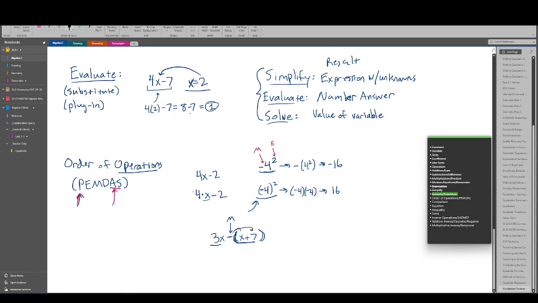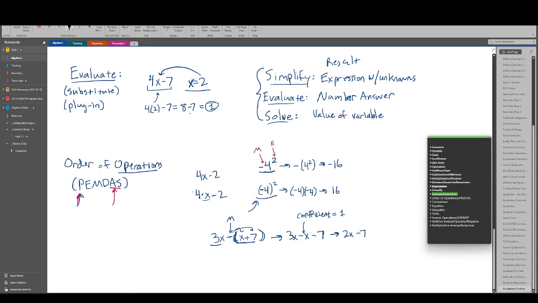We distribute it to these two terms, and then we have 3x minus 1x minus 7. With coefficients, I should have reminded us that there's an invisible 1. If we have a variable with no coefficient shown, then the coefficient is always 1. So 3x minus 1x is 2x minus 7.